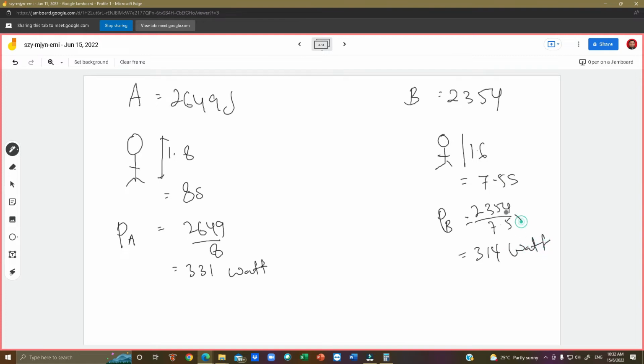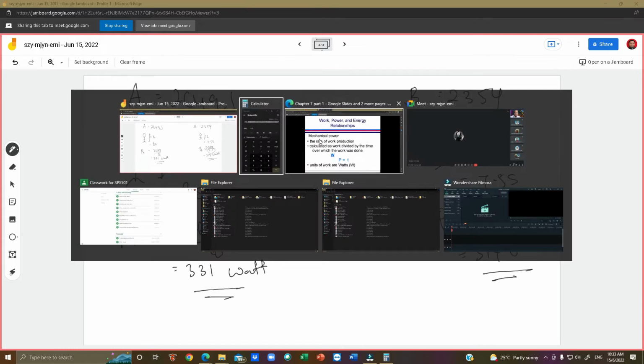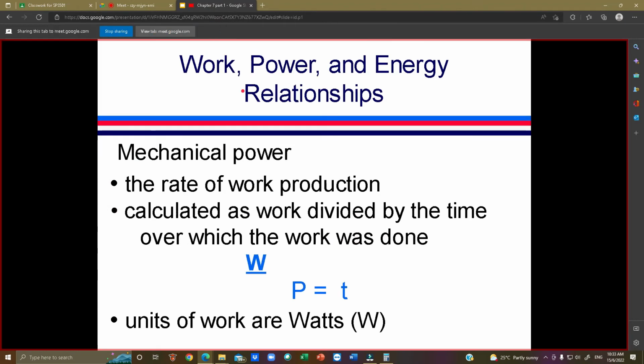Although the time taken, the time to execute is lesser, but still it recorded lesser amount of watt compared to A. Maksudnya A ni lagi powerful lah compared to B. Ni cara untuk kita differentiate people or make some analysis by using work and power approach. Belum masuk energy work and power approach. Okay, sampai situ dulu. Ada apa-apa soalan yang menanti?